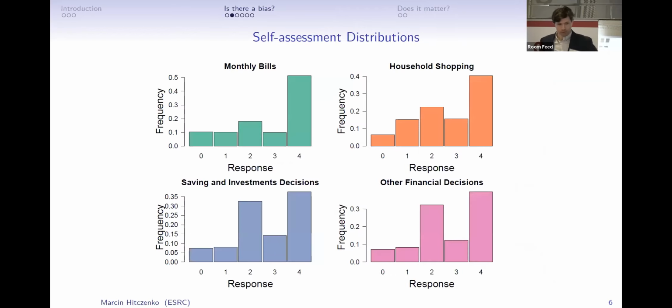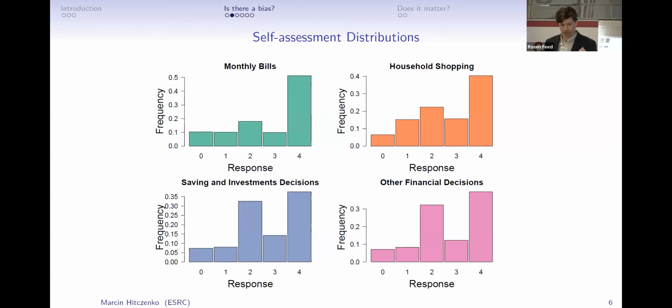So here's the distribution of those responses. There are some differences, of course, but the focus here is the skew towards higher values, so greater levels of responsibility. Now, what we don't know is to what extent this is a manifestation of a selection bias, and to what extent it's the tendency of people to overstate their contribution, which is a well-known, well-documented phenomenon.